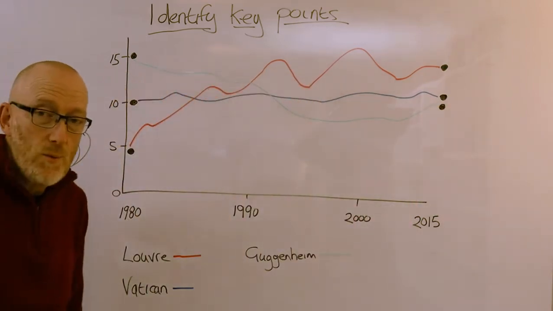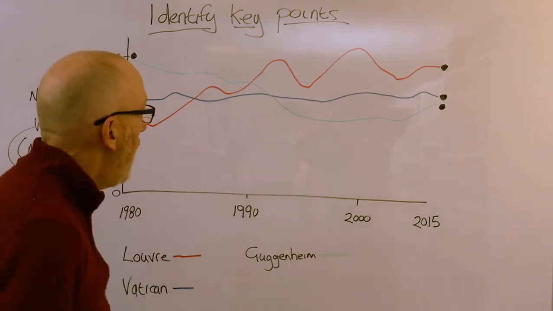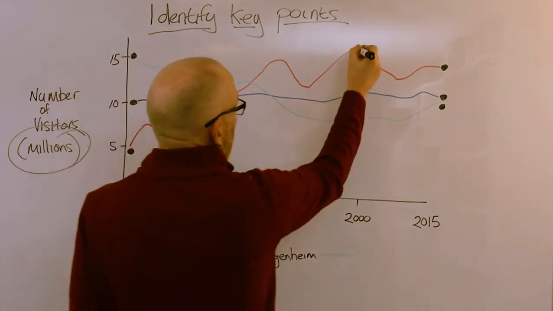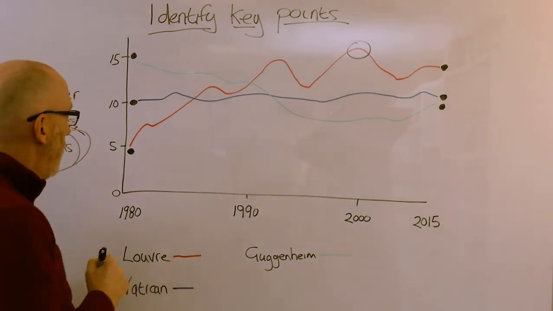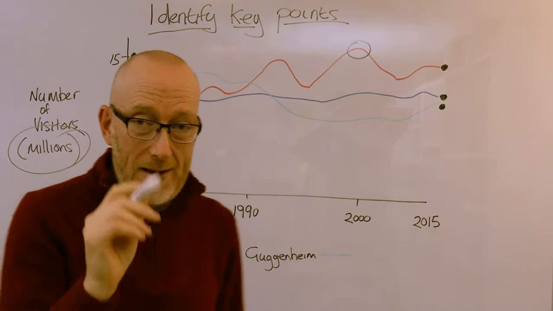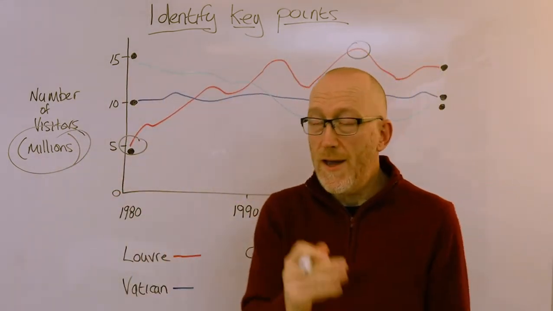Now, something else that we can look at is highs and lows. The highest point of any line on this chart is about here. And the lowest point on a chart is here. And immediately we have identified what might be another key point.